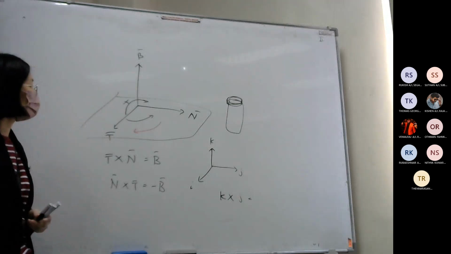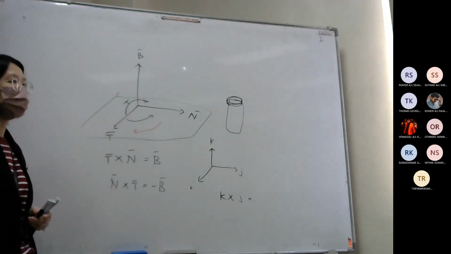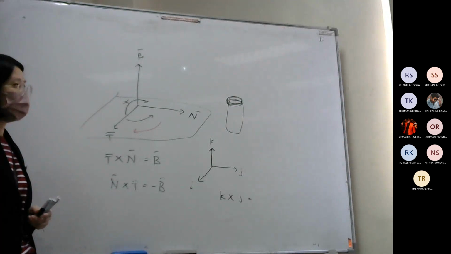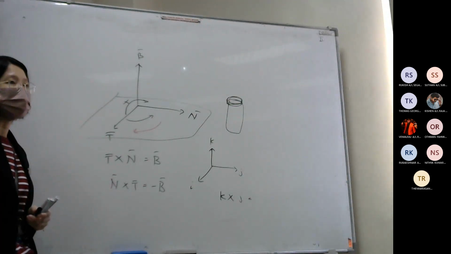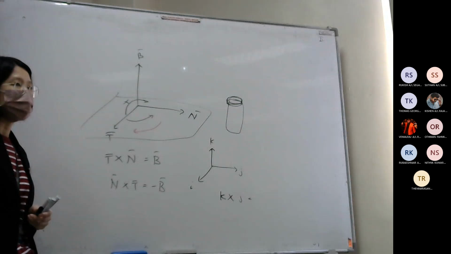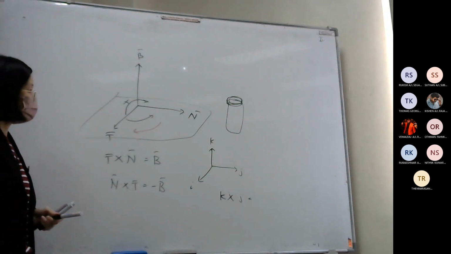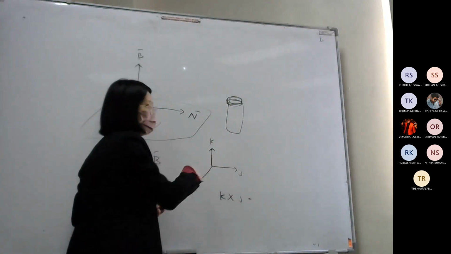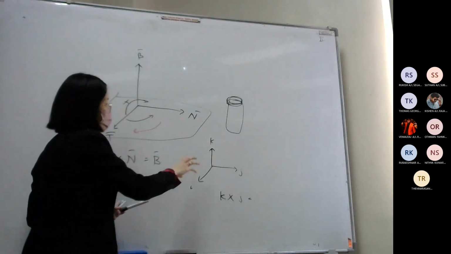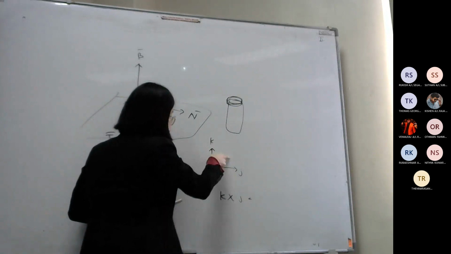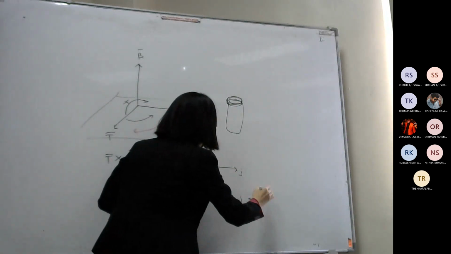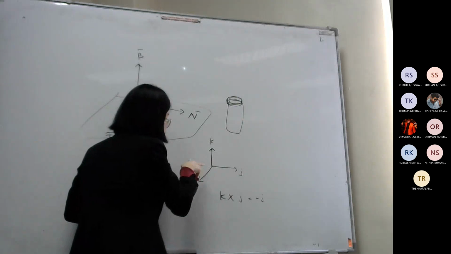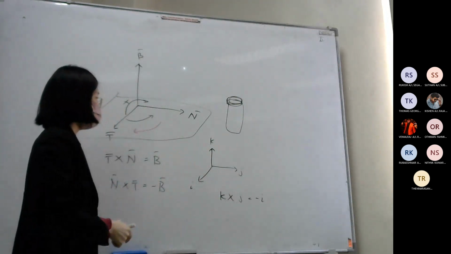Negative i. K to j, it goes in the negative i direction, because i is in this direction, so negative i in that direction.